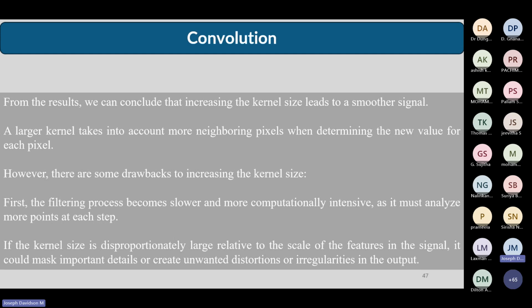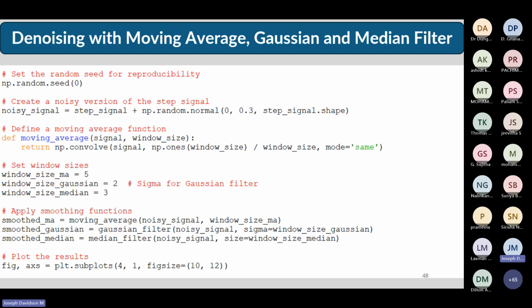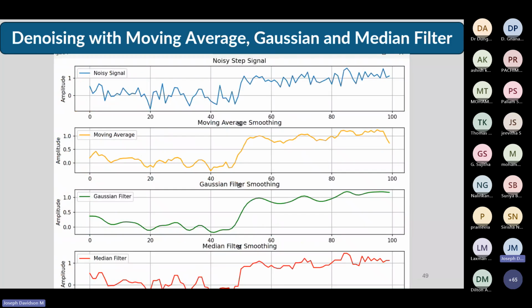It works on a lot of pixel points, so it keeps on calculating and the code becomes a bit slower. And if the kernel size is disproportionately large, it gets into some unwanted segments of the problem, which again adds another noise to the system. So we have to use this optimally.